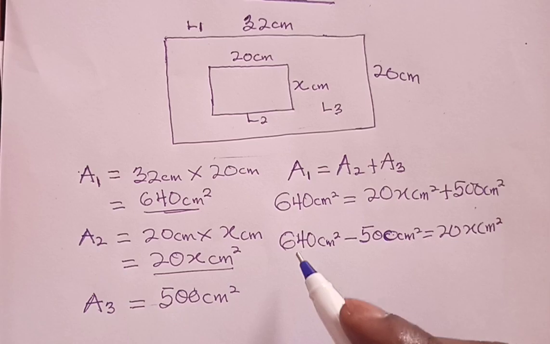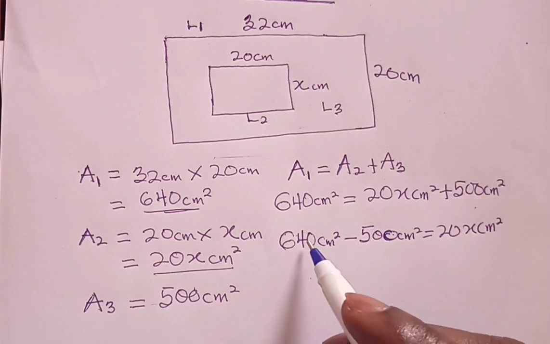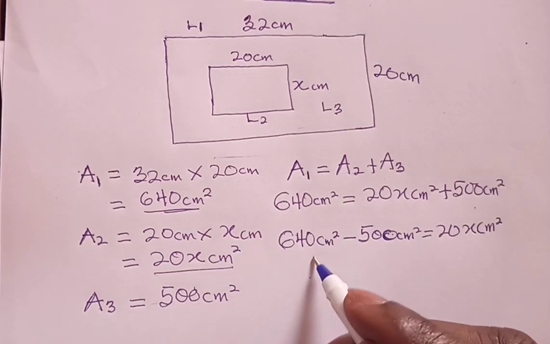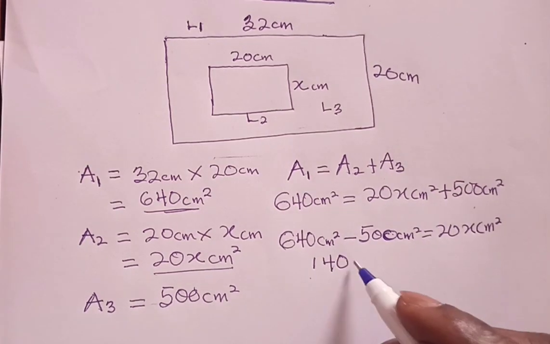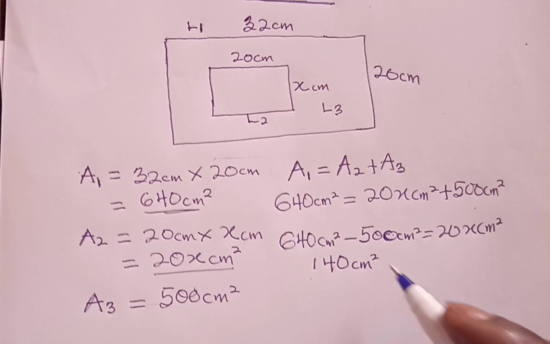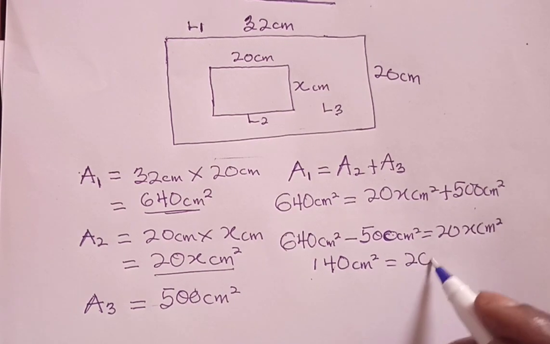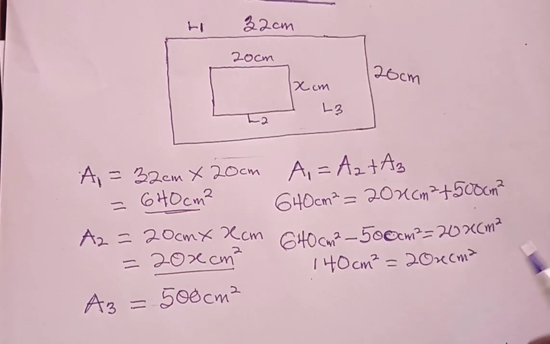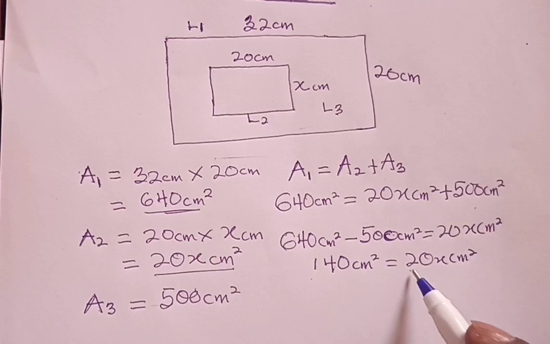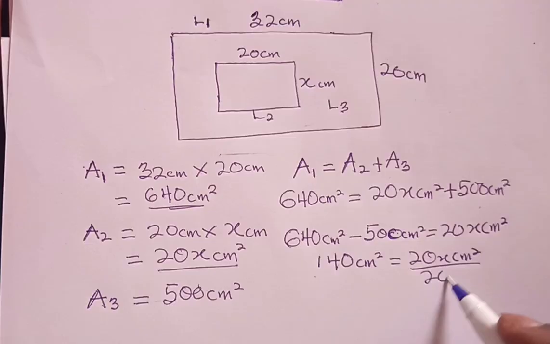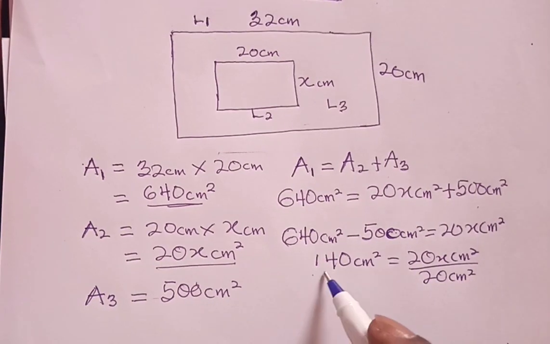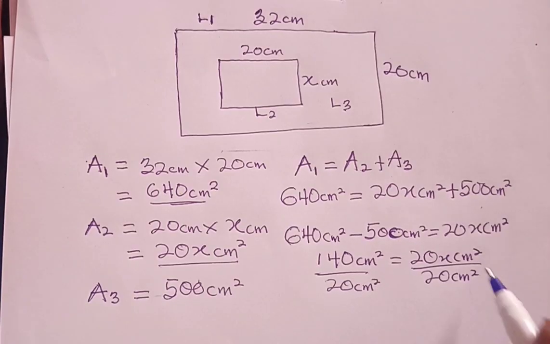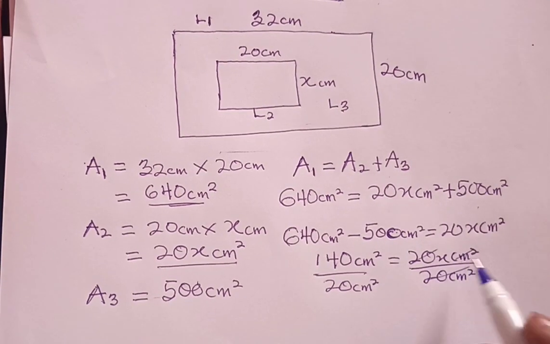Good. So 640 minus 500 gives me 140 centimeters squared, which is equal to 20x centimeters squared. So we can divide both sides by 20 centimeters squared, so that this one will go.